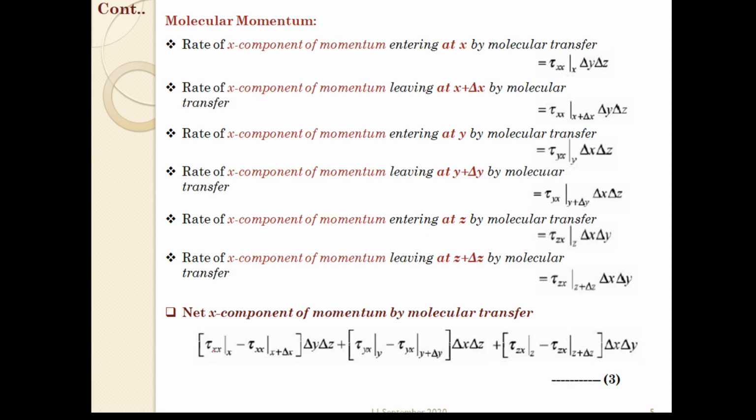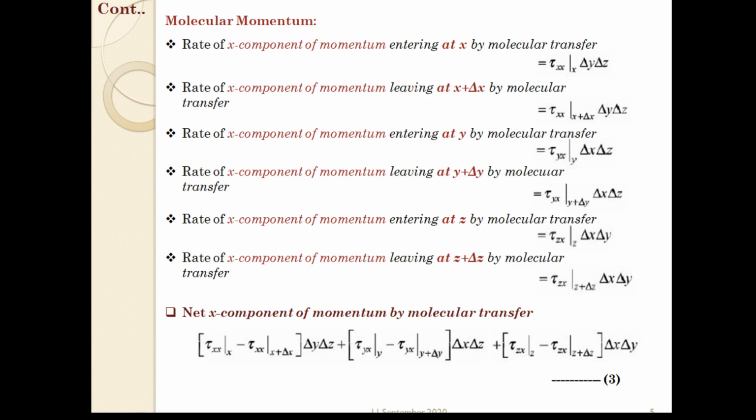Now next, we have gone through the convective momentum. Now we have the molecular transport of momentum, which is due to the viscosity, or we can say due to the velocity gradient.